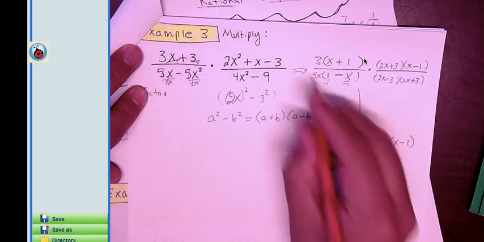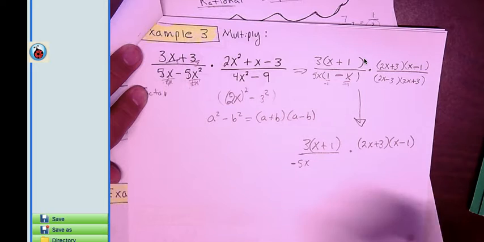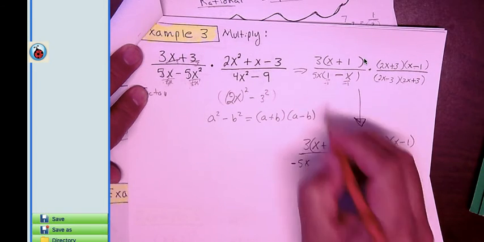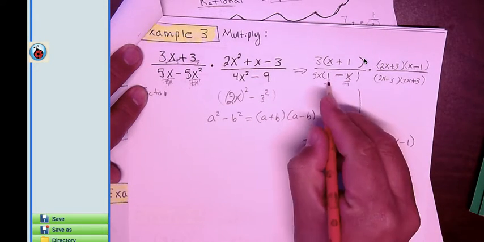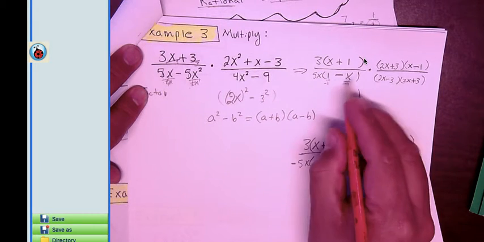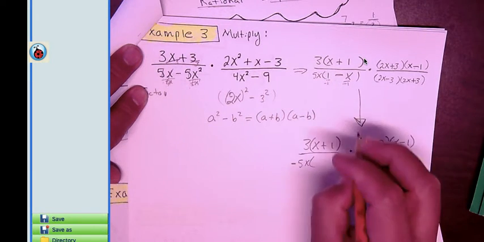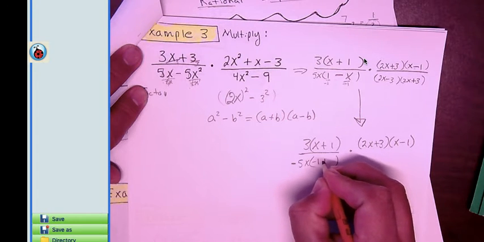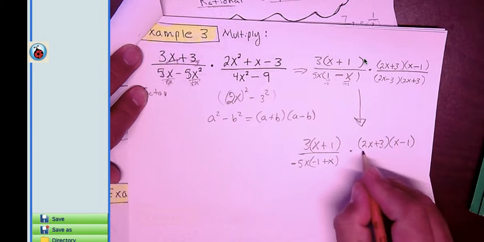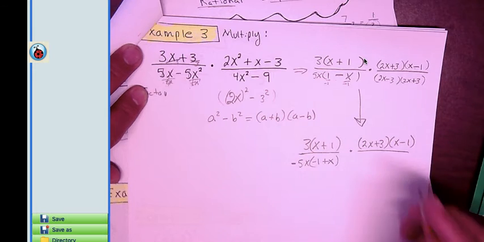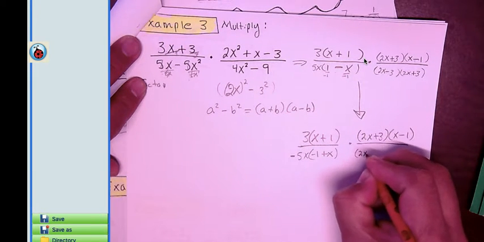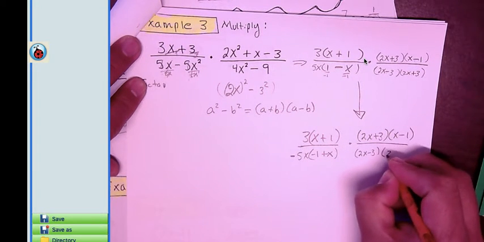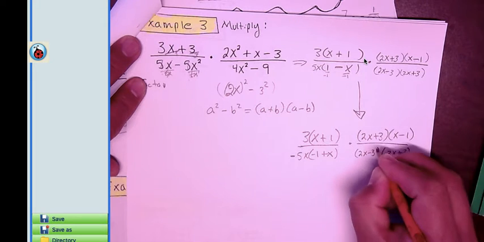So that negative is going to be outside, so I'm just going to put a negative. And then inside, this would become a negative, and this would become a positive. So this would become a negative 1 and a positive x. And I'll leave it like this so that you know what I mean at the end. Even though I have to do extra writing, I want you guys to see what happens.